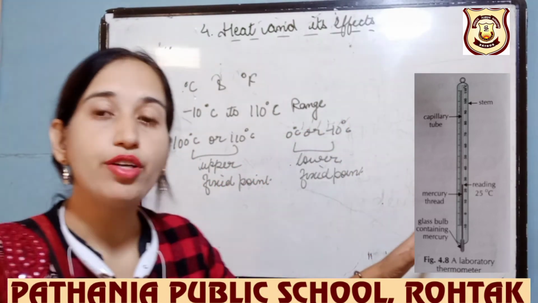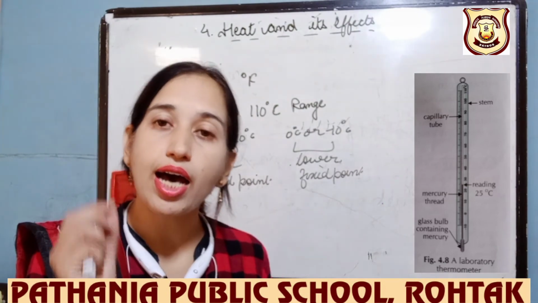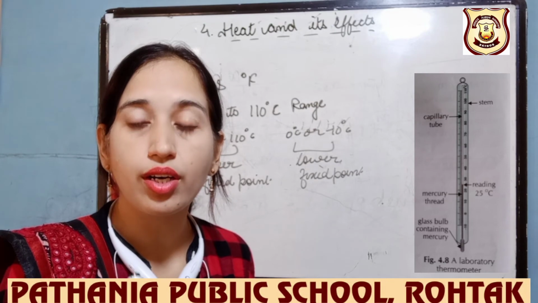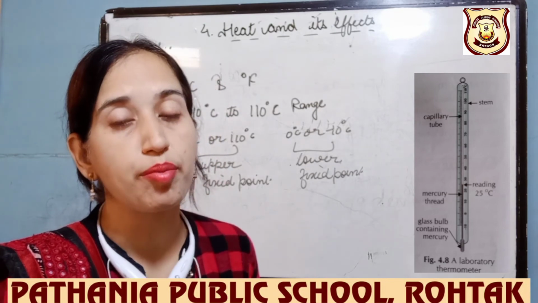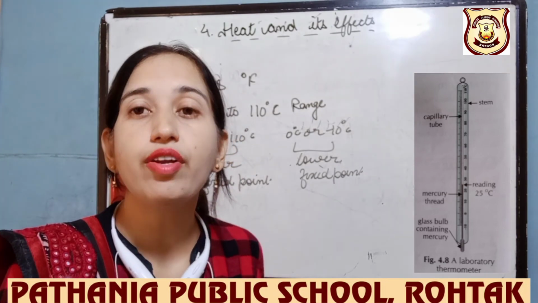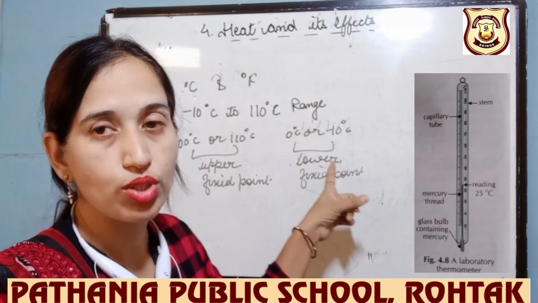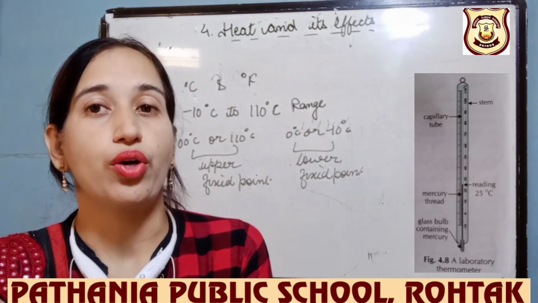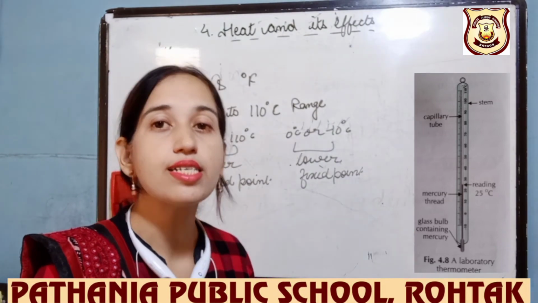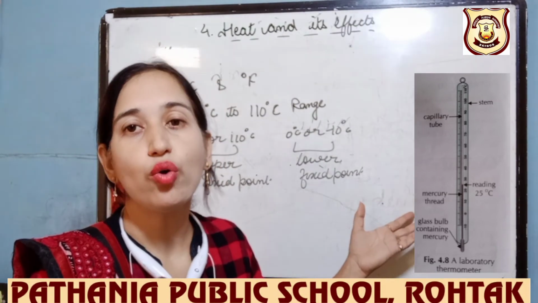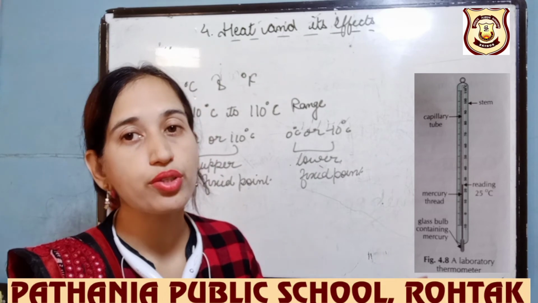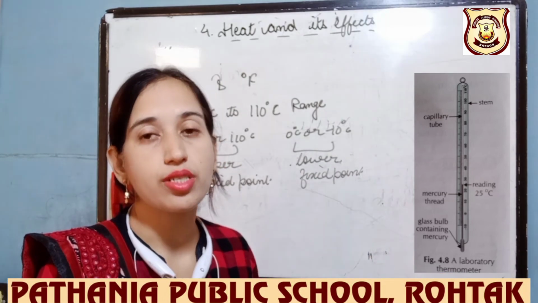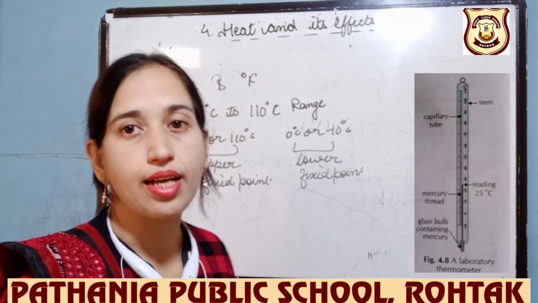So this capillary tube containing mercury, as we dip it in hot water, of course hot water because it's a laboratory thermometer, the mercury will rise up to this upper level. And when we keep it in cold water, the mercury will decrease up to the lower fixed point. This is the laboratory thermometer used in the labs to identify the temperature of various substances when we are doing experiments.